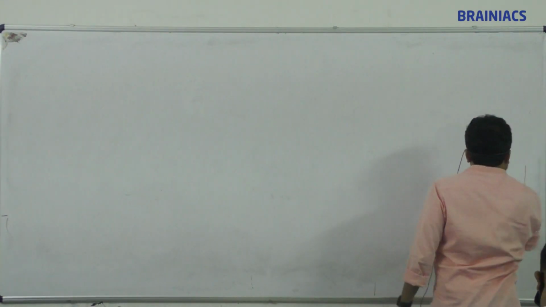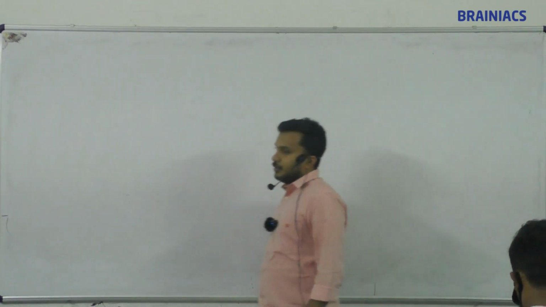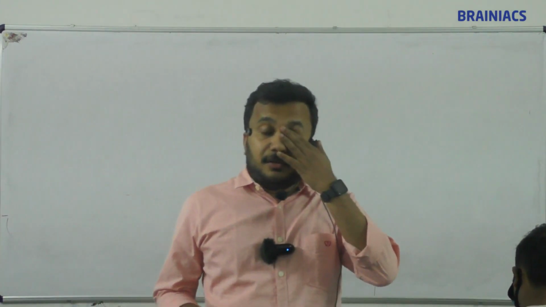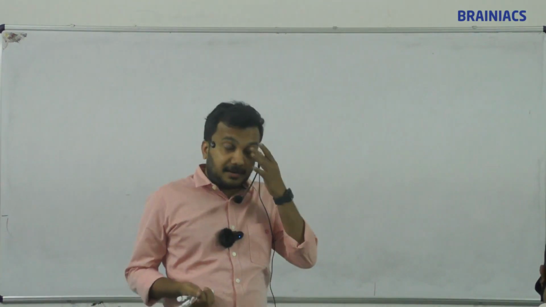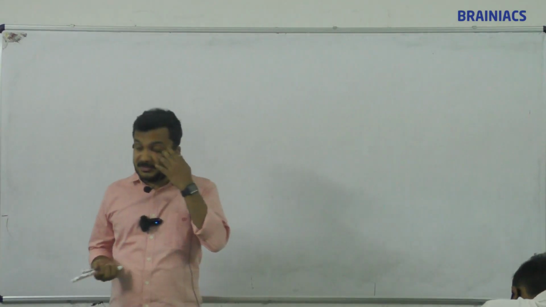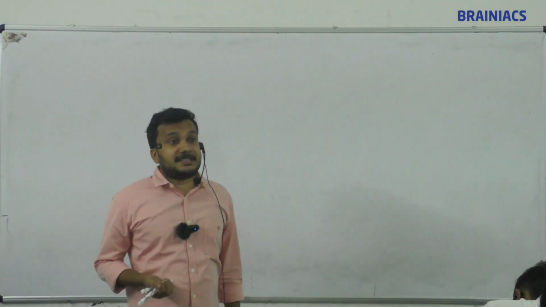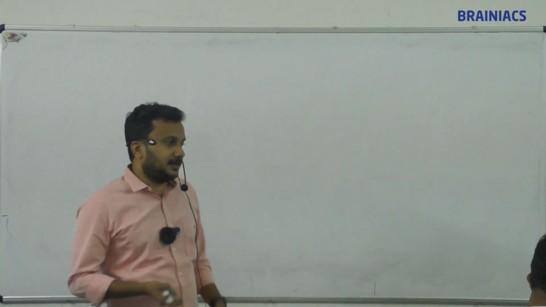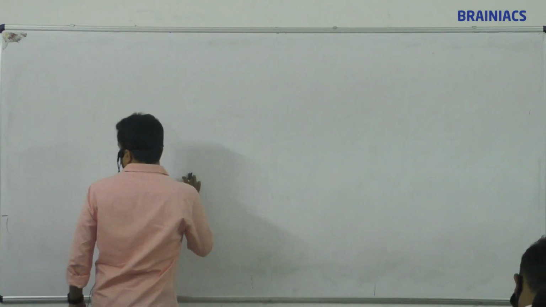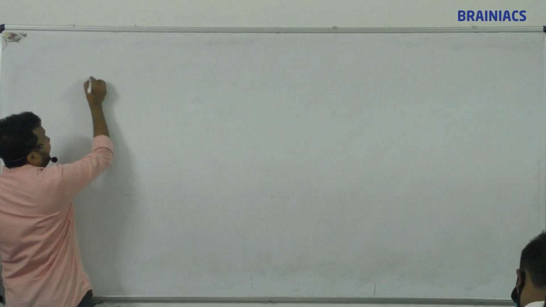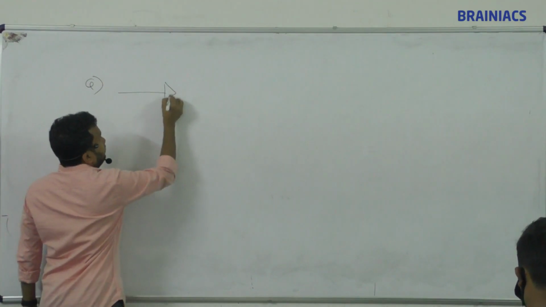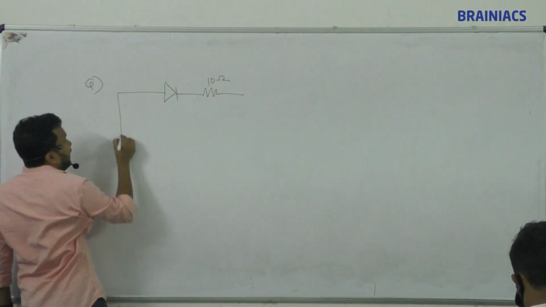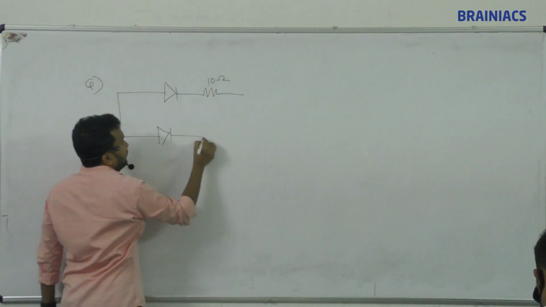So can you correct that? Knee voltage of silicon is 0.7. Knee voltage of germanium is 0.5. Gallium arsenide is 0.3, but it's not in the syllabus. It's not required. So silicon 0.7, germanium 0.5. Okay, please correct it. Then draw the next question. Assume the diodes are non-ideal. Find the values of I1 and I2. That is the question.